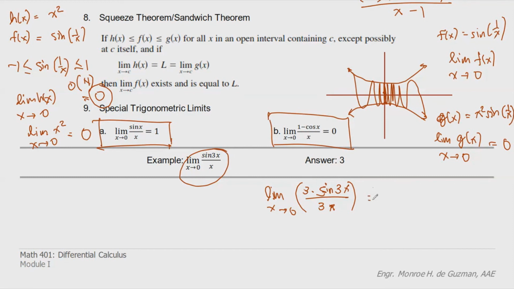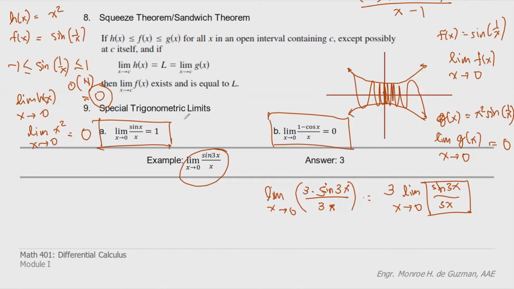And then based on our scalar multiple, I can just write 3 outside this limit function and then evaluate what's left here. That is sine 3x over 3x as x approaches 0. And doesn't this expression look familiar with this one? So remember, if you have sine x over x, that is always equal to 1.